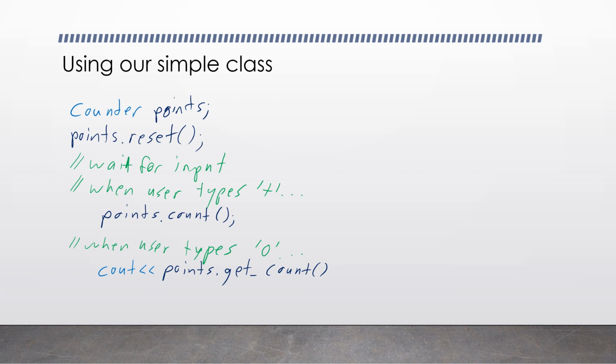We'll probably want to make that look pretty by putting an endl after it. Okay. And so this way the user can add to the count by, in this case, typing plus. They can see what the current count is by typing O for output. Okay. And we could even have a function where the user types R to reset, and we call points.reset.